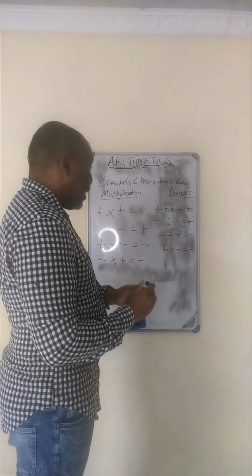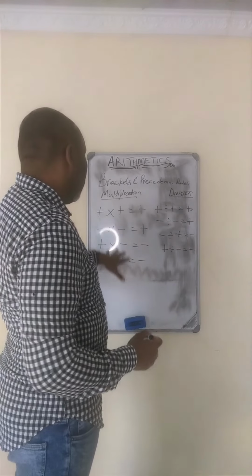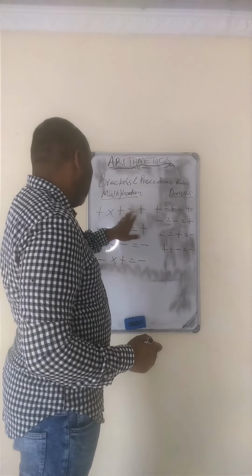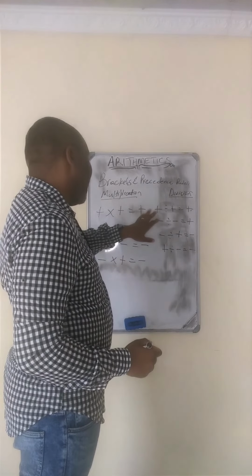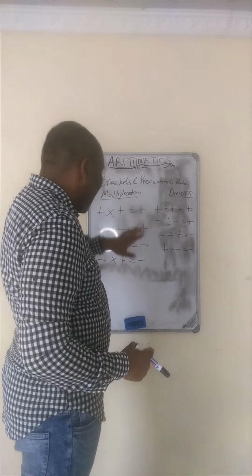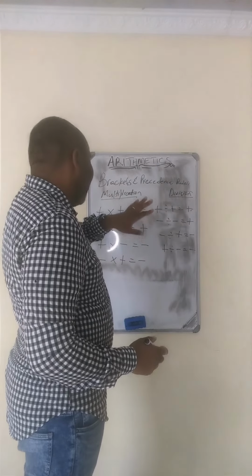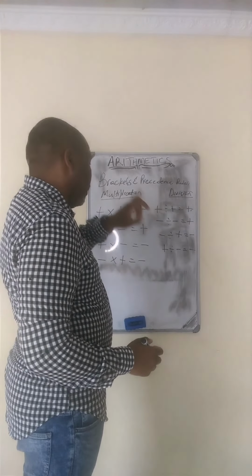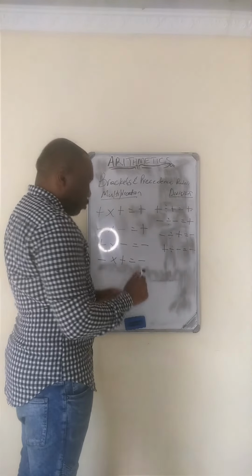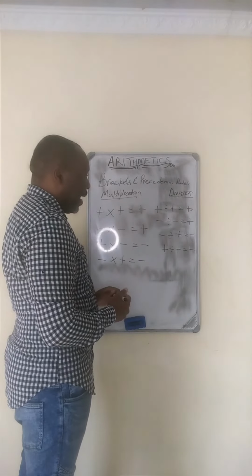These are the signs, and it is very important that you know these signs. If you have a plus 2 times plus 4, the answer will be plus 8. Minus 4 times minus 3, the answer will be plus 12. That's how it works. These are the signs, and you have to know these signs off by heart.